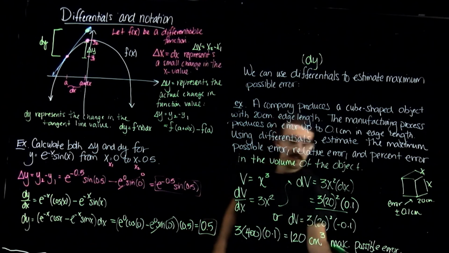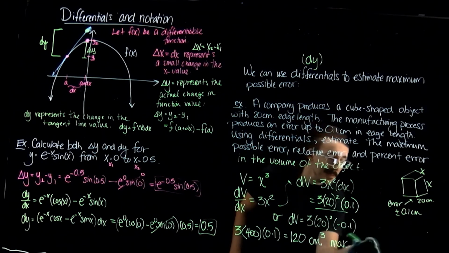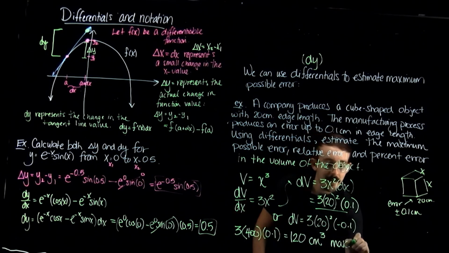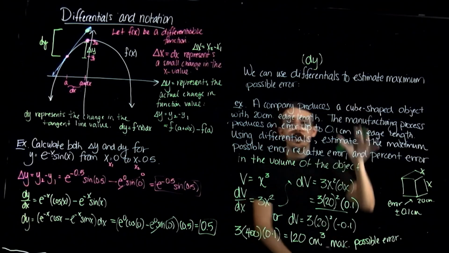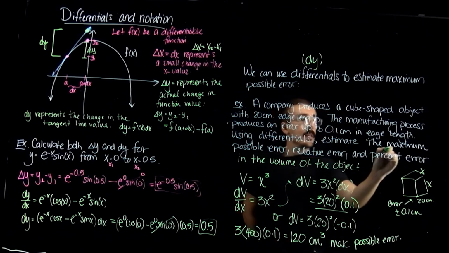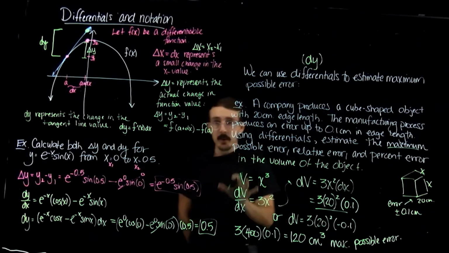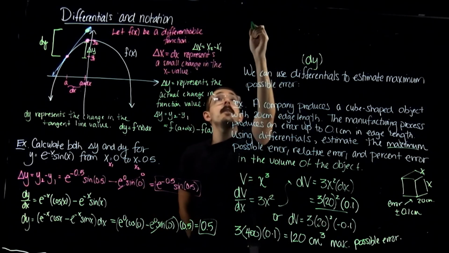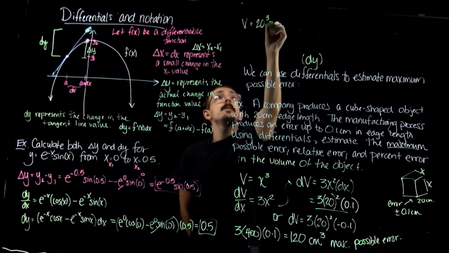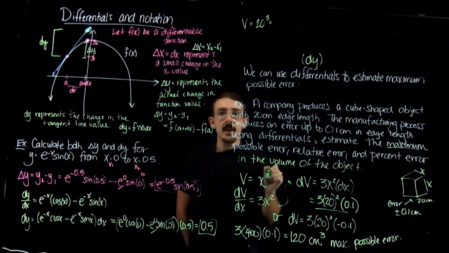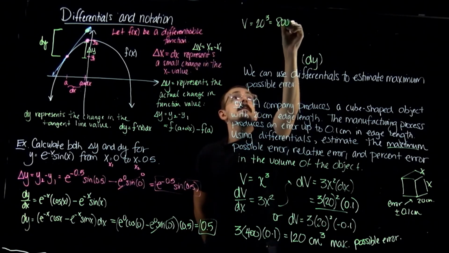I noticed that I kind of sloped down here. So let me move that up here. Maximum possible error. And allow me to go up here. So this means, if everything was working perfectly, our volume would sit at 20 cubed, which would be 8,000.